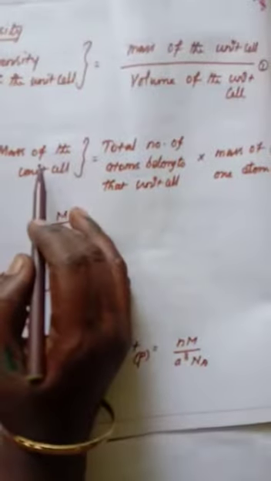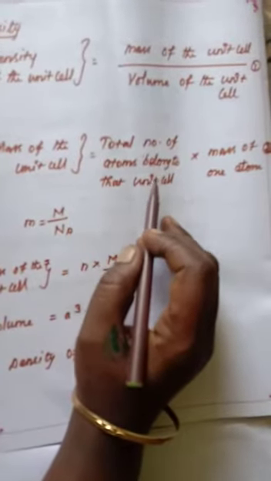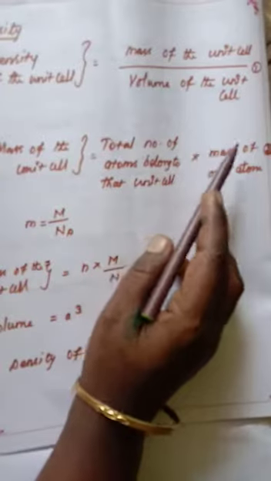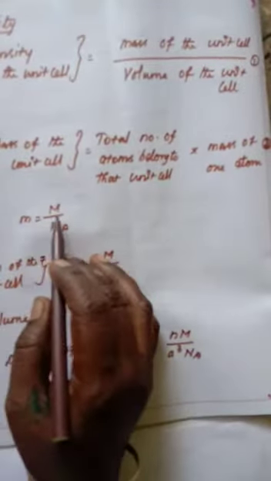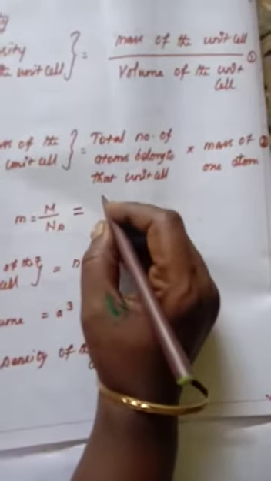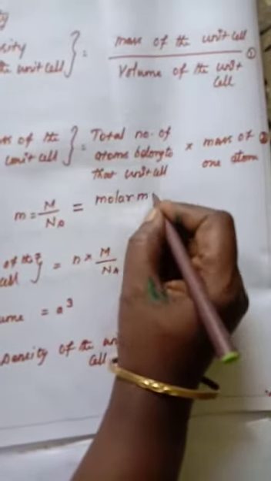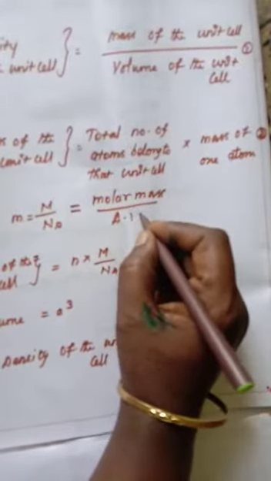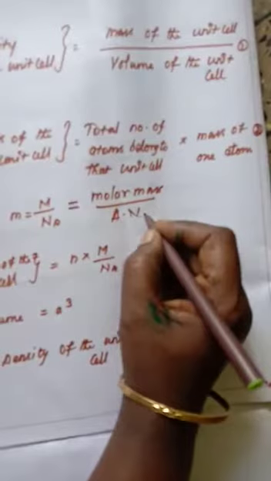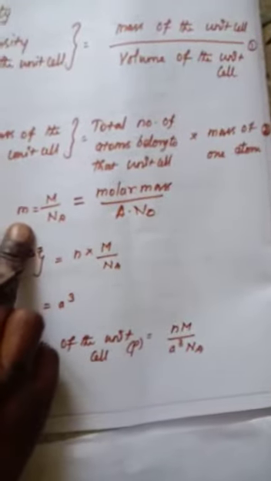The mass of the unit cell is the total number of atoms present in the unit cell into the mass of one atom. The mass of one atom can be calculated by molar mass divided by Avogadro number.